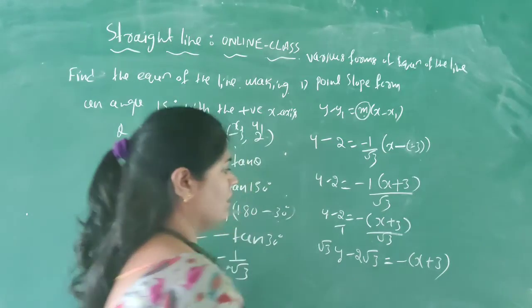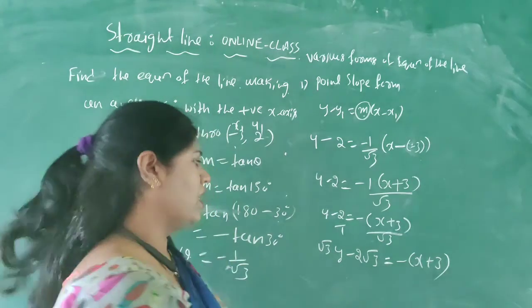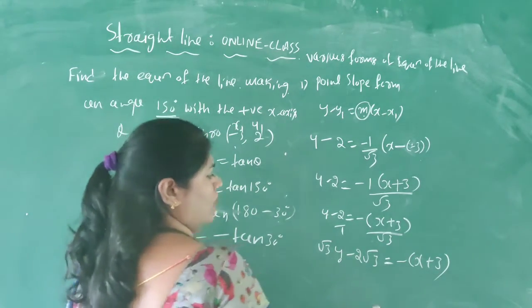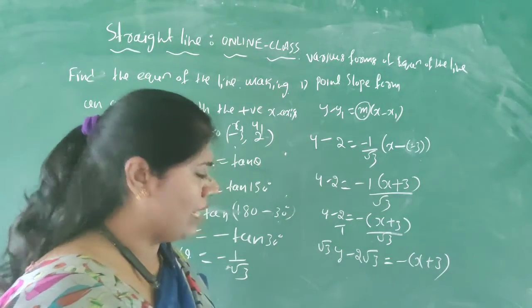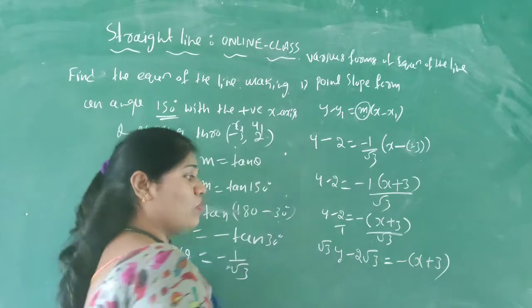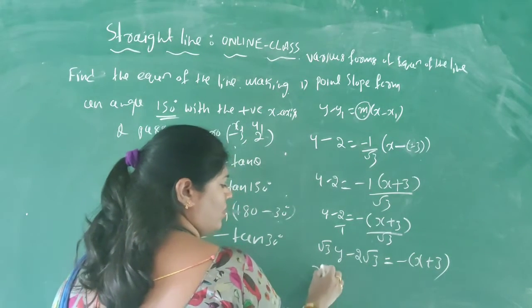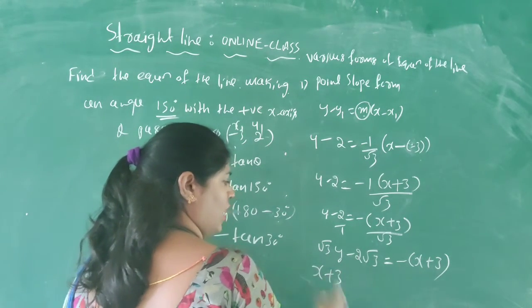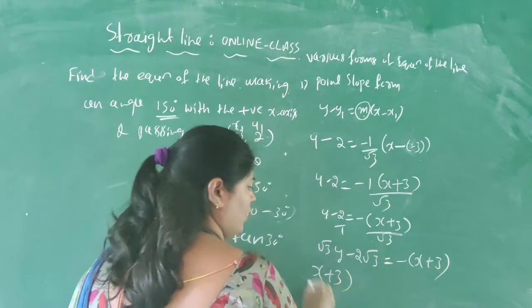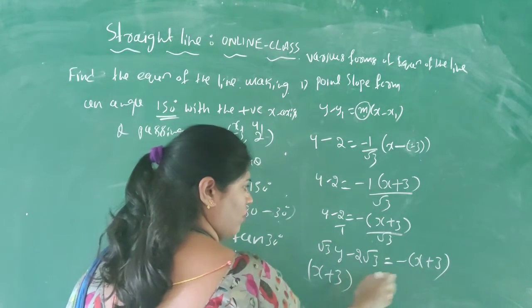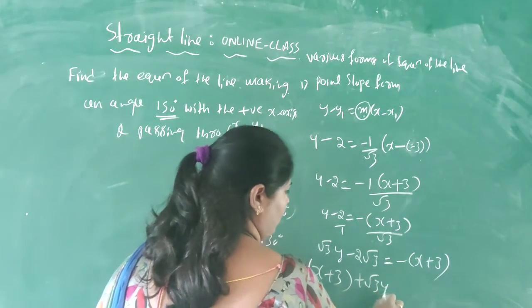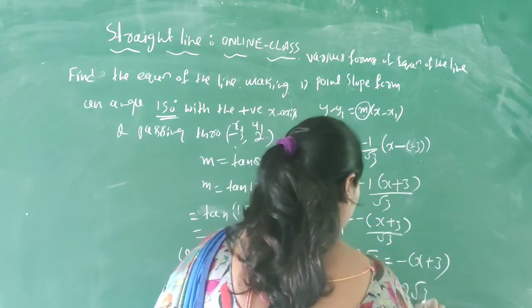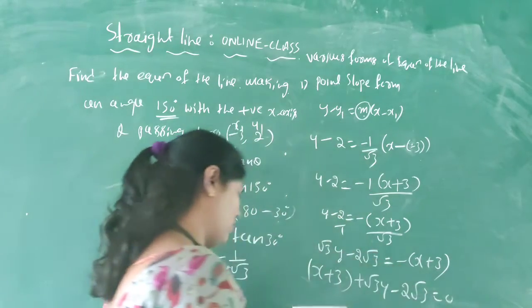Because we are writing in terms of x, y and the constant terms, minus of x plus 3 moves across to become plus of x plus 3. So x plus 3 plus root 3y minus 2 root 3 is equal to 0.